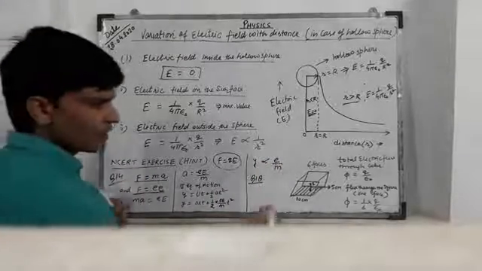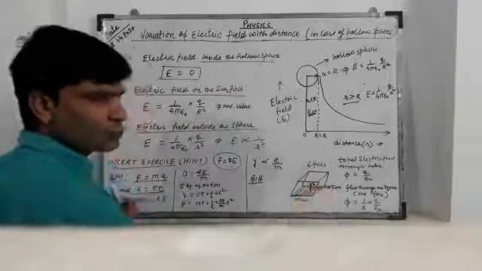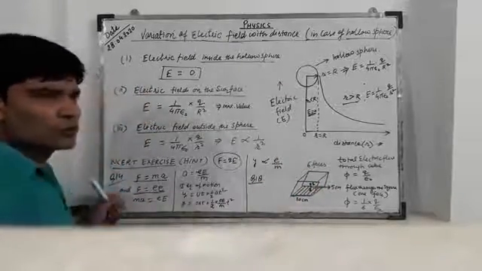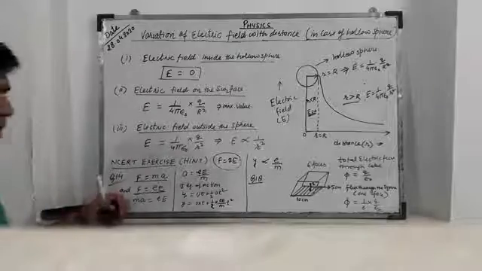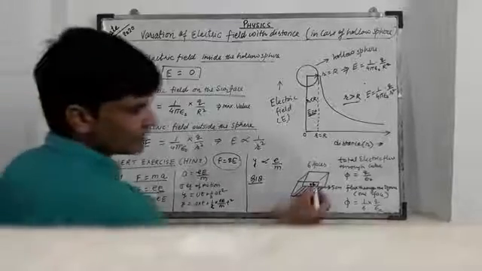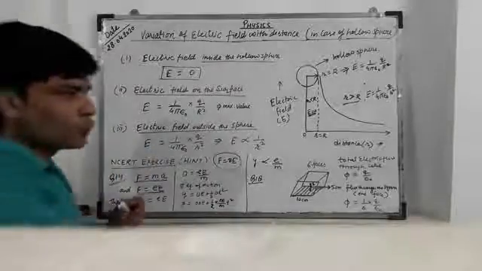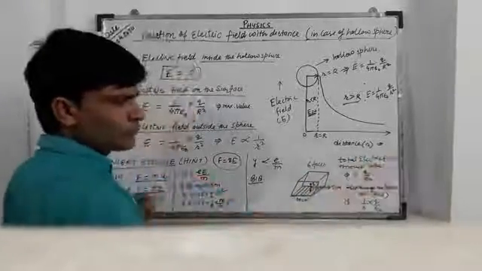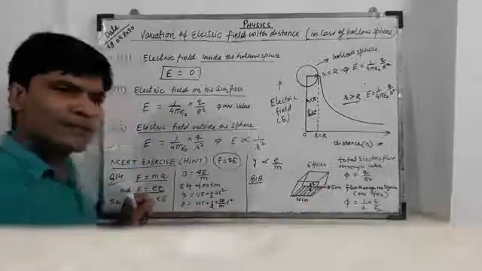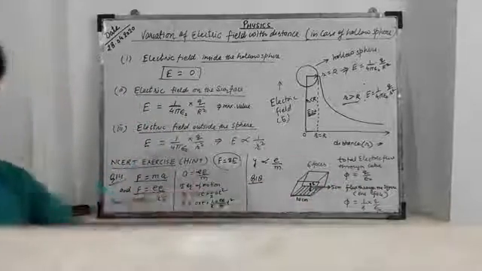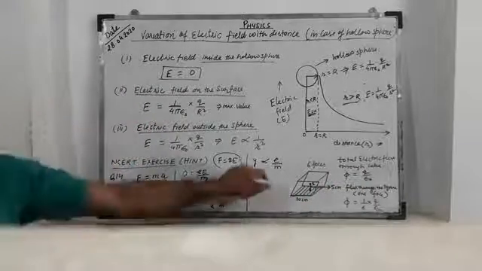Then question number 18. In question number 18, one square is given to you, so make the cube with the help of the square. Then charge q is enclosed by the cube. Total electric flux through the cube, phi is equal to q upon epsilon naught, because charge q is enclosed by the cube.